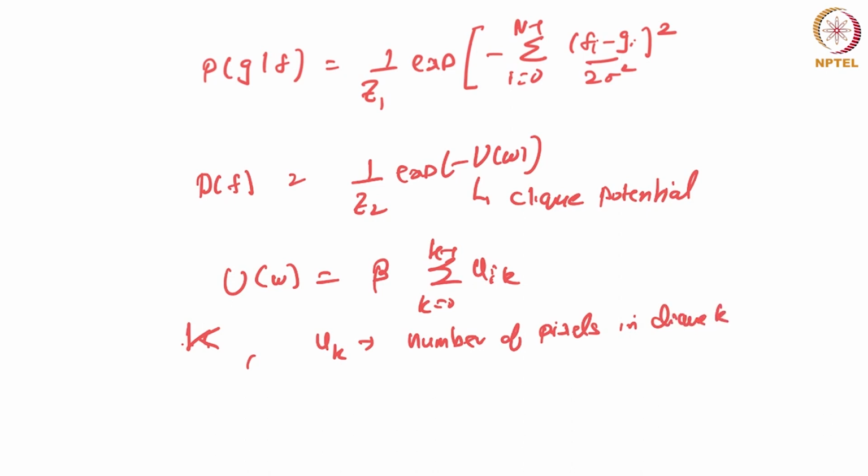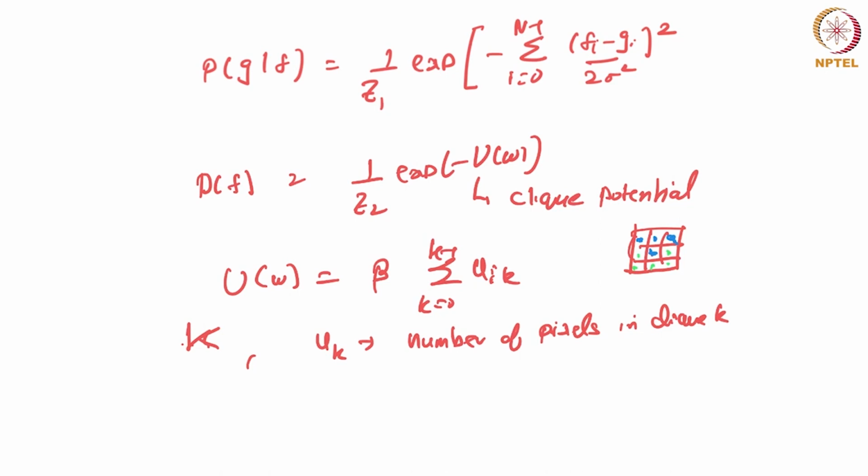You can consider a square neighborhood, a 3 by 3 neighborhood. This is the center, and these are the same. Let's consider this whole thing as a clique, and maybe the others are slightly different values. You can count the number of pixels which have the same value as the center pixel. Now what this does is enforce smoothness.